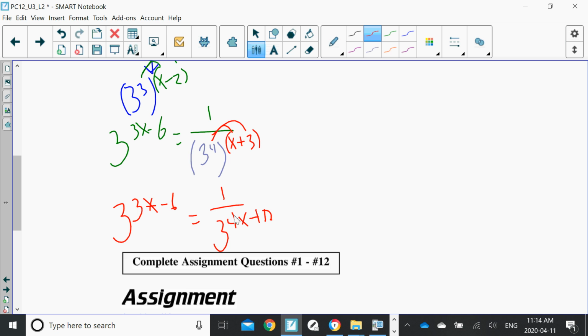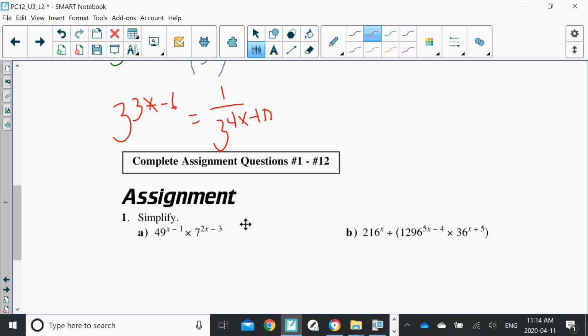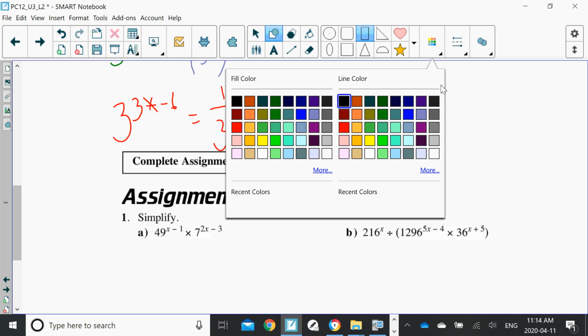Now, when we bring this base up to the numerator, we need to put a negative in front of the exponent, but because this is a binomial, I need to put a negative in front of a bracket, okay? So what this essentially becomes, let me just add some space for us.